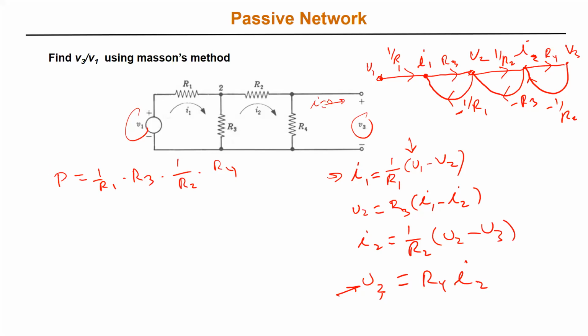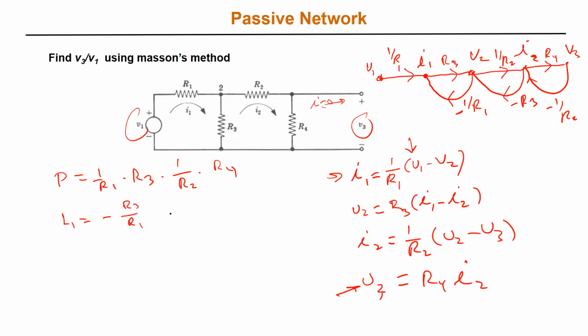How many loops do I have? 3 loops. What's the gain of L1? Minus R3 over R1, which is negative because there is the minus in here.